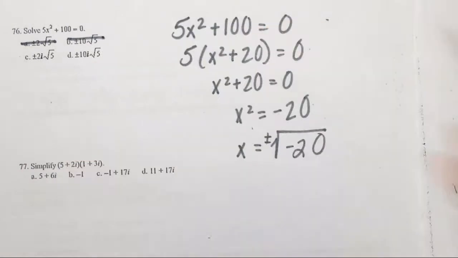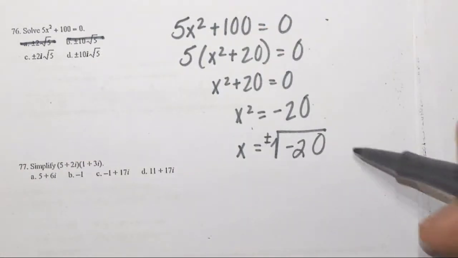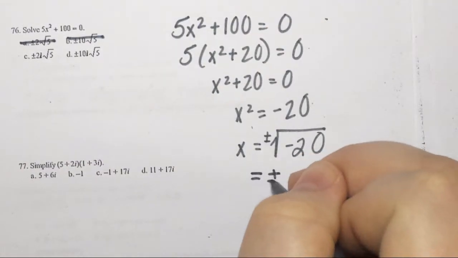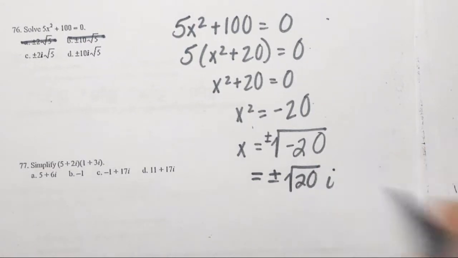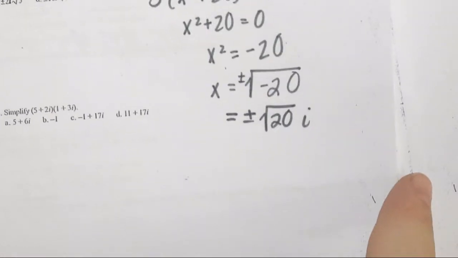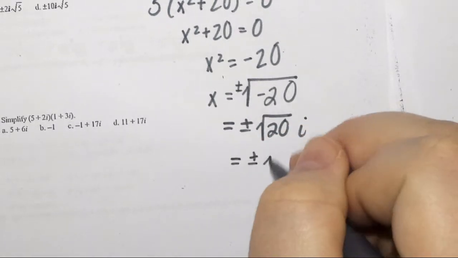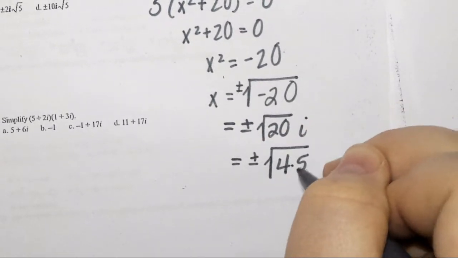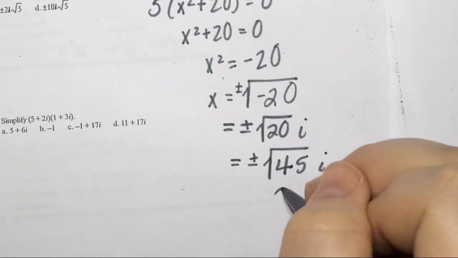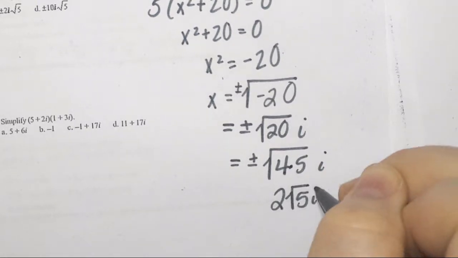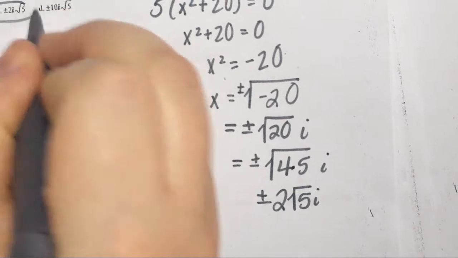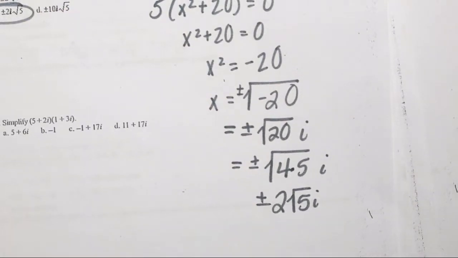A or B, because they don't have the i's. Because we need i. And we know it's plus or minus square root of 20 times i because of that negative under the radical. Now, can we break square root of 20 down? We can. It's 4 times 5. I know the square root of 4 is 2, so really it's 2 square roots of 5. So it really is C.